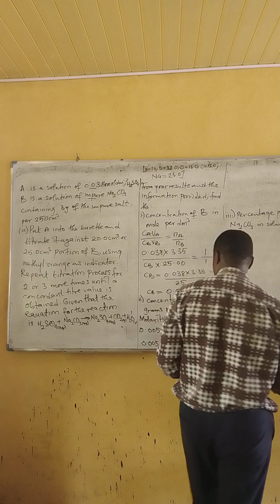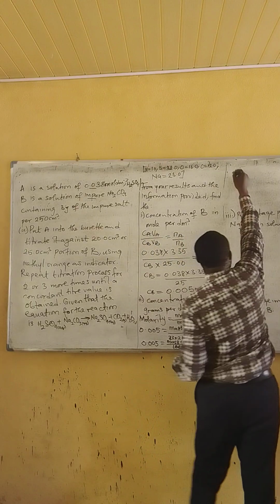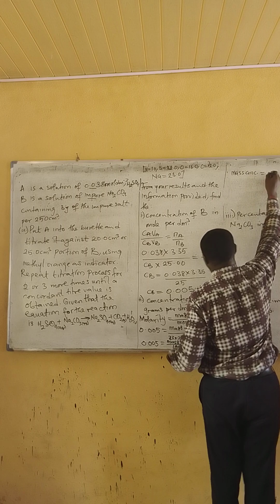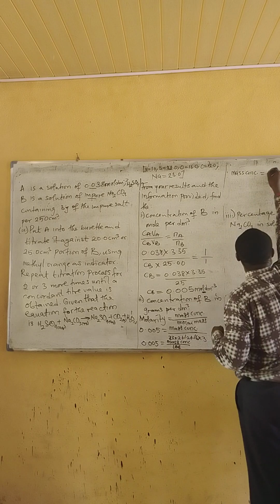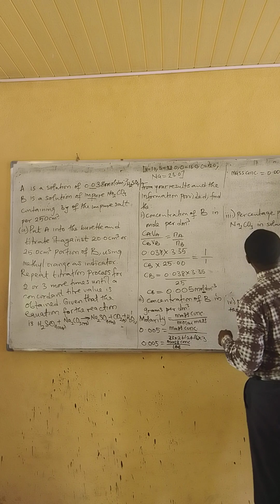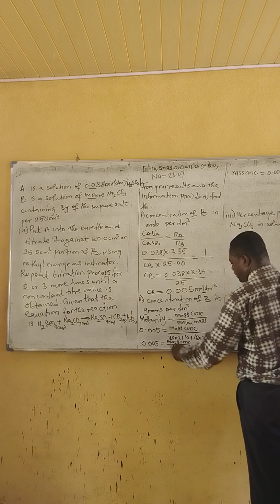Now, having done that, we can now cross multiply. Our mass concentration will now be equal to 0.005 times 106, cross multiplying.